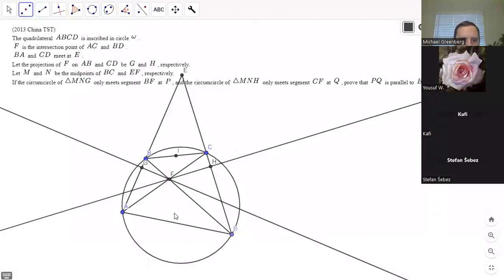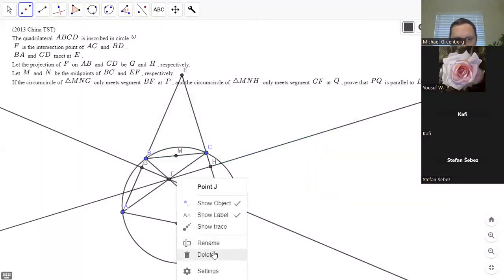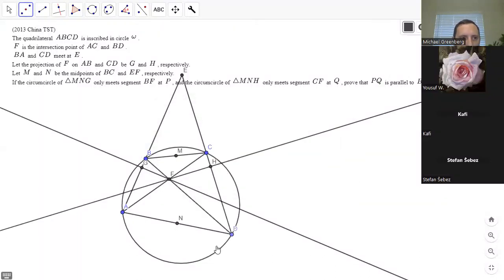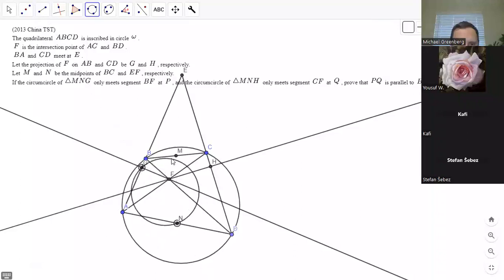So this is M, and this is N. The circumcircles of M, N, G and M, N, H. So we want to see where they meet BF and CF.